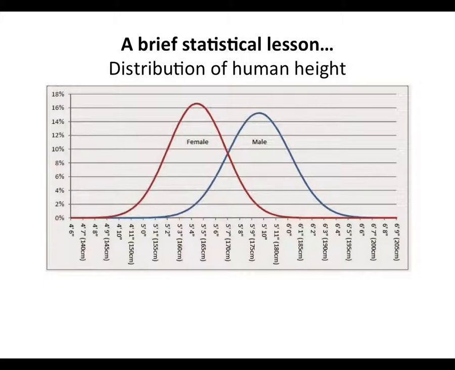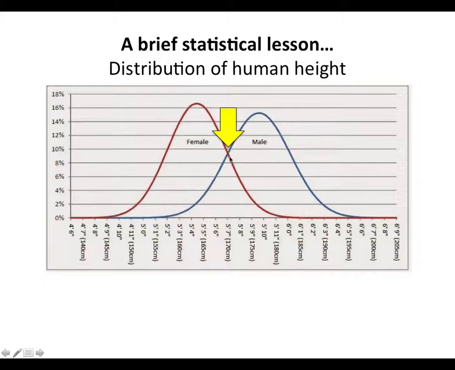What height would be where it'd be an equal chance of him talking to a male or female? 5'7". Yes, thank you. True. Does everybody see that? It's that point where the curves cross. At this point, the chance of being male or female at this particular height is the same.